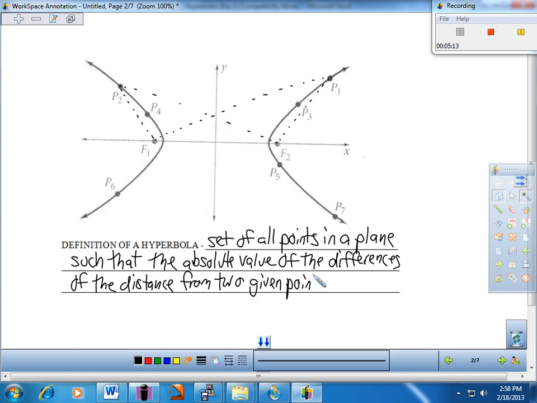So from two given points is constant. And that's the idea. The difference of the distances is constant. If you remember when we did ellipses, the sum of the distances was constant to those two fixed points.